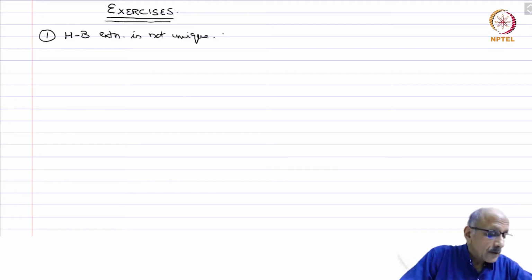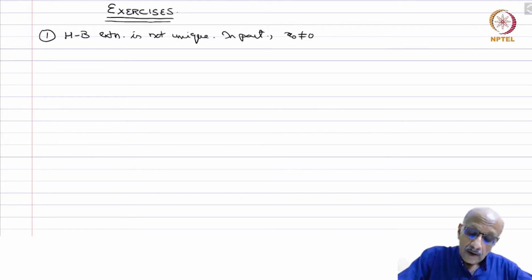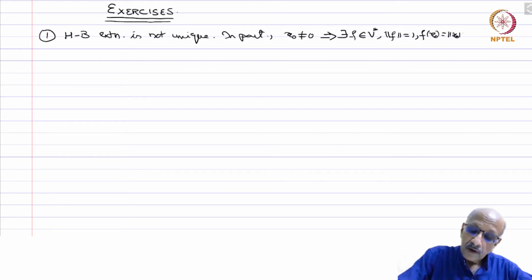In particular, x naught not equal to 0 implies there exists f in V star, norm f equal to 1, f of x naught equals norm x naught, is not unique.